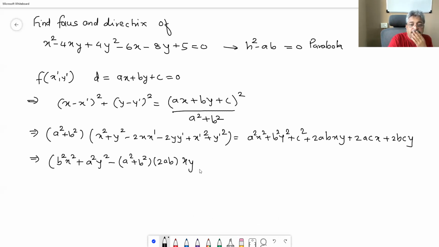We should write the term x. So we have the term x here and we have the term x here.